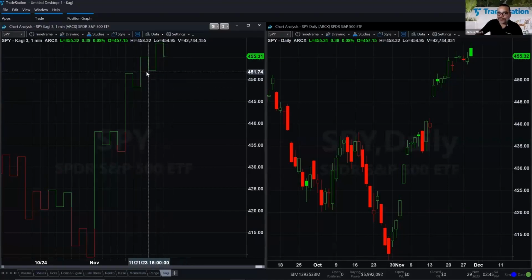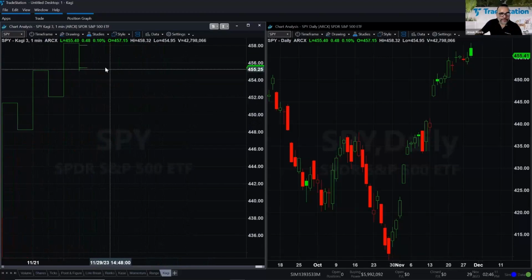It's just following along with those small corrections when the prices are going down. The good thing about this Kagi line is that it still paints the line green, indicating that the overall trend is an uptrend.